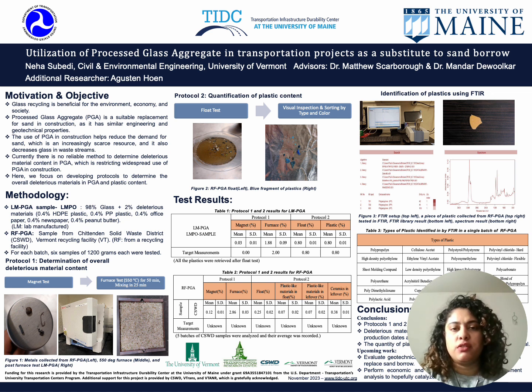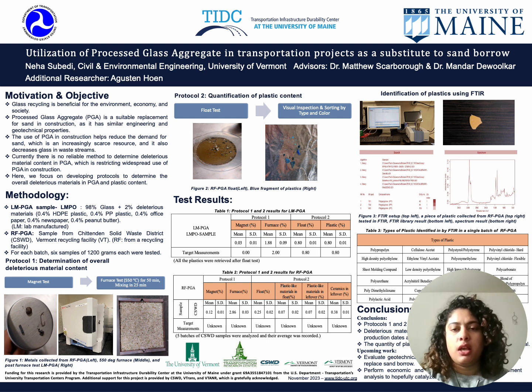Then a comprehensive plastic analysis was conducted on one of the 5 batches of samples using FTIR, where the results were analyzed using hit qualities, spectrum analysis, and visual confirmation. Table 3 shows us the various types of plastics that were detected in one single batch of CSWD PGA.